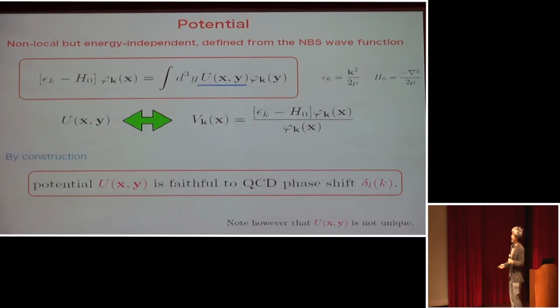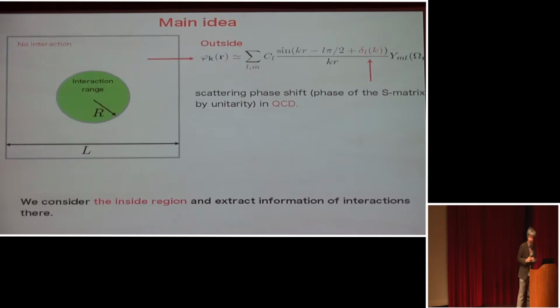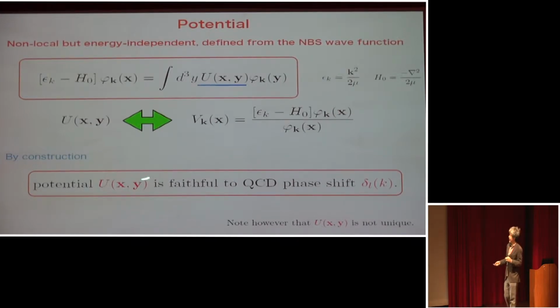And the important point is that, since we use the NBS wave function, which has this asymptotic form, this potential is faithful to the QCD phase shift delta_L(k). Therefore, if we have this U(x,y) and solve the Schrödinger equation, from the asymptotic behavior we can obtain information on the phase shift of QCD.